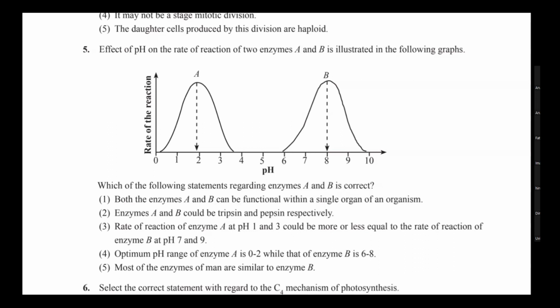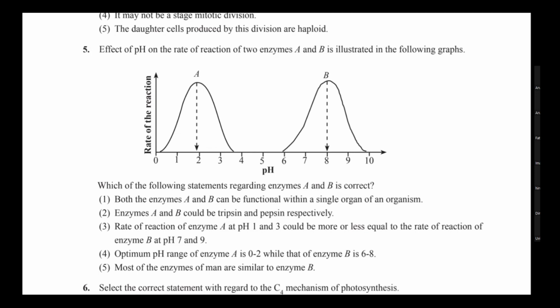No. A, it is present in the stomach and B, present in the intestine. Okay? Right, okay, I'll do an explanation about enzymes. Then, enzyme A and B could be trypsin and pepsin respectively. No, it should be other way around. A is pepsin, B is trypsin.